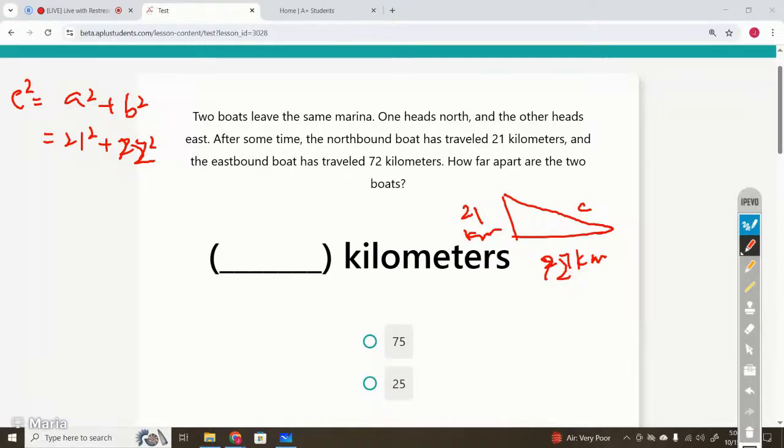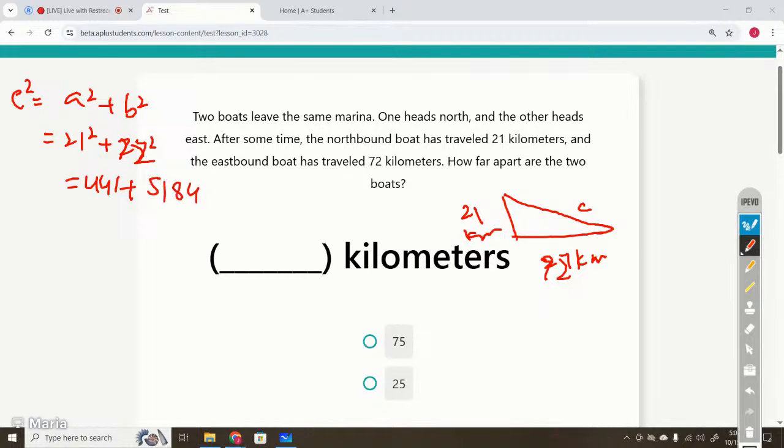So let's evaluate. 21 square equals 441 and 72 square equals 5184.